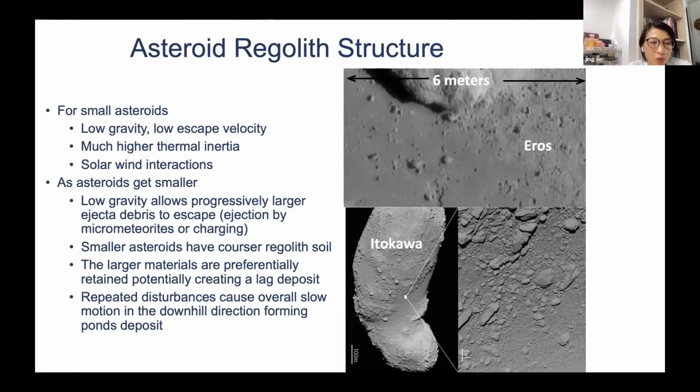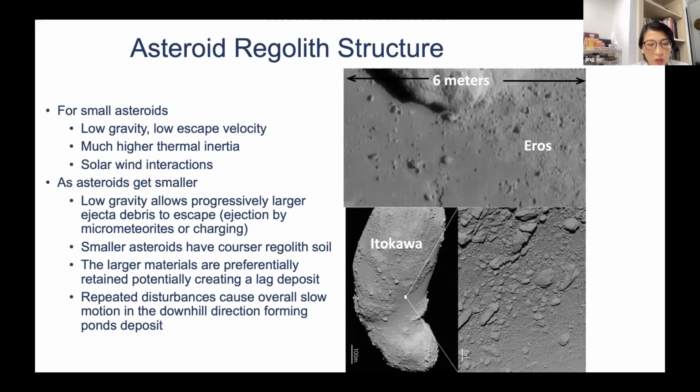So for small asteroids, low gravity, low escape velocity, and with much higher thermal inertia, they have solar wind interaction. As asteroids get smaller, low gravity allows progressively larger ejecta debris to escape. So smaller asteroids usually have coarser regolith soil.